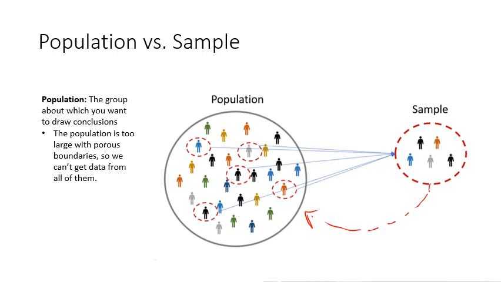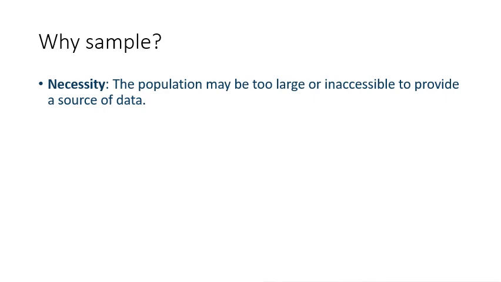And so population, again, is that group about which you want to draw conclusions. We may not be able to get data from all of them, so we take a sample. Why sample? Well, as we have already alluded to, sometimes it's just necessary. The population might be too large or inaccessible.